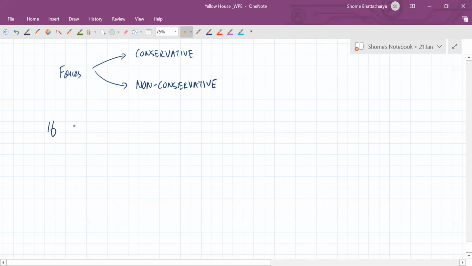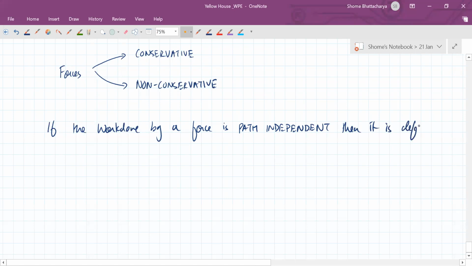So if the work done by a force is path independent, then we call it conservative. Then it is defined to be a conservative force.